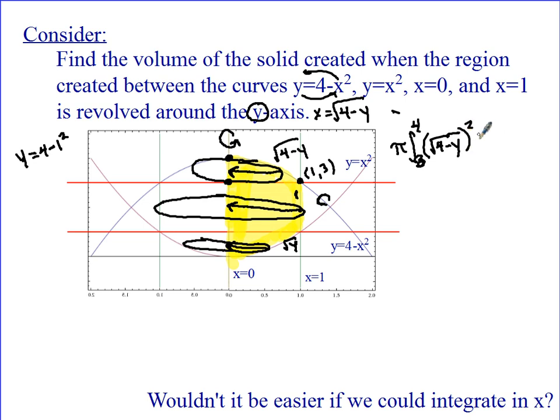squared dy. And then the second part, we have pi times the integral from, at this point here, where x equals 1 meets y equals x squared. 1 squared is 1, so we're going from 1 to 3 of, and we're going from 1 to 0, so just 1 squared dy.